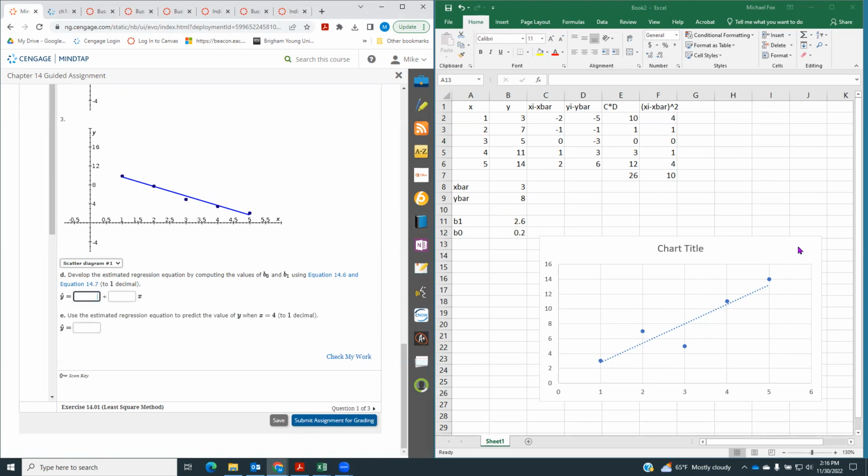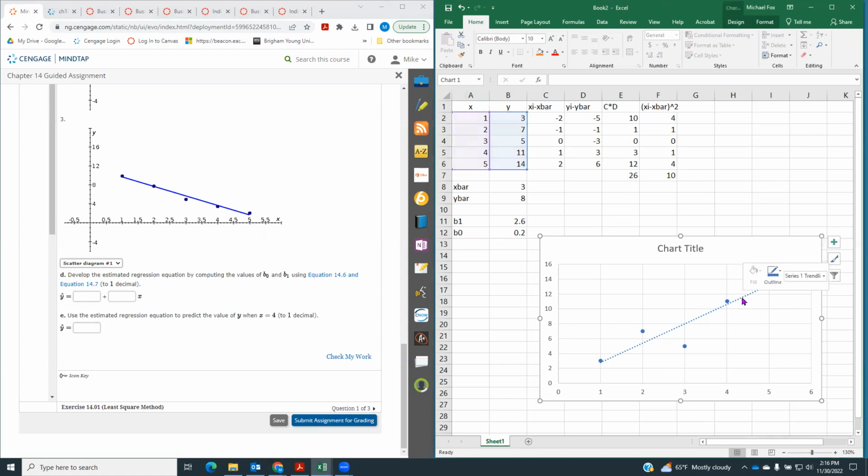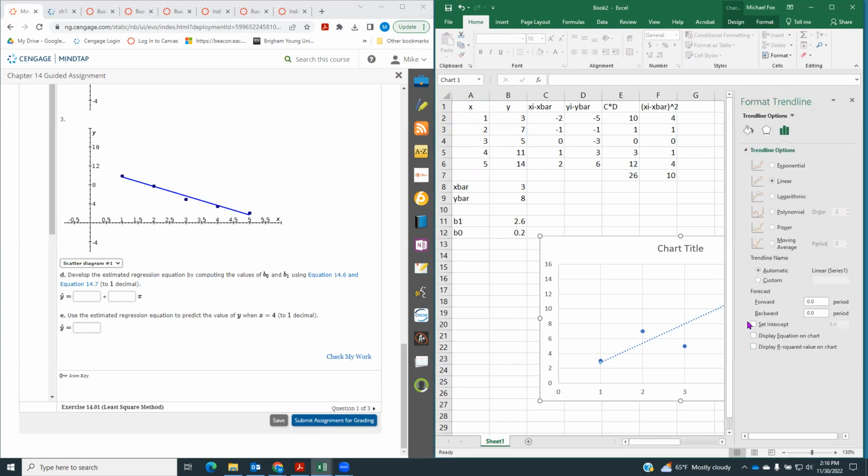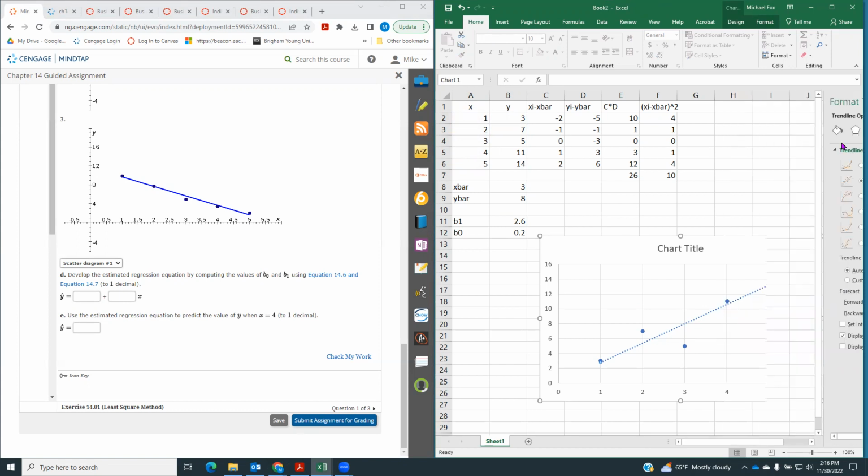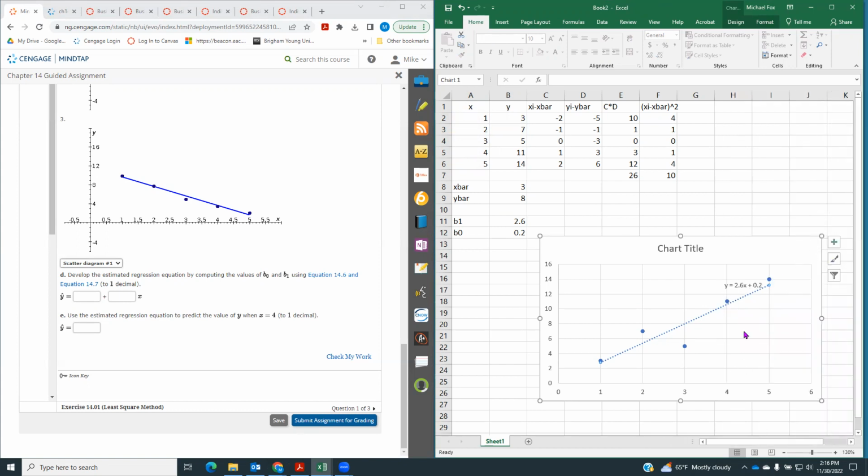I can also, once I've done my chart here like this, if I just right click on the line that I made, the trend line, and click Format Trend Line, I have an option to display the equation on the chart. And once I do that, it just shows up right there. And you can see it shows as y equals 2.6x plus 0.2.